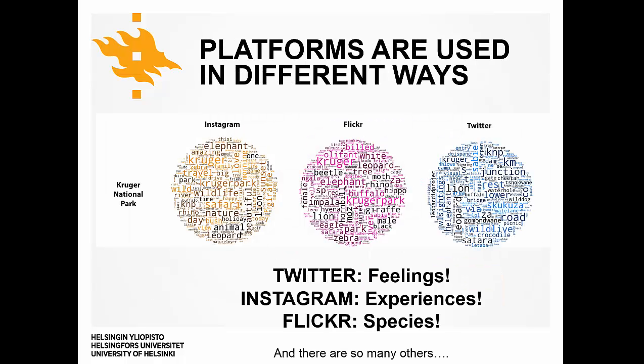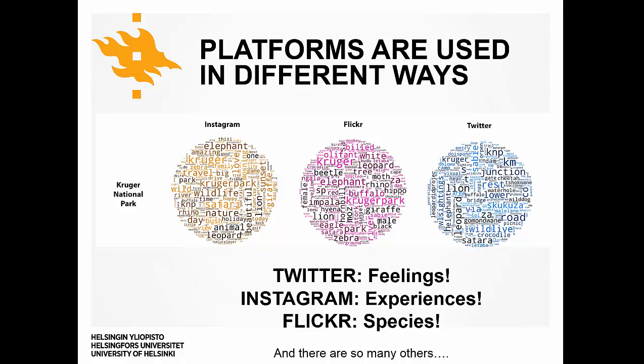Then another disclaimer is that platforms are used in a different way, and there are many others than the ones that we have been analyzing. They are biased in geographical coverage, they are biased in the people who are using them, but they are also biased in the way they are being used. So, for example, Instagram is used for sharing the instant experience. Flickr is much more used to share a detail, like species information, or something which is sometimes scientific in its nature.